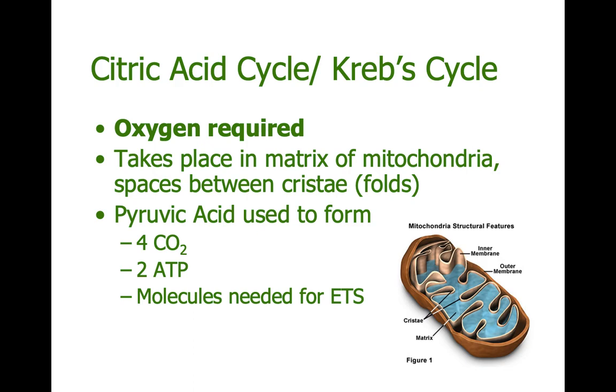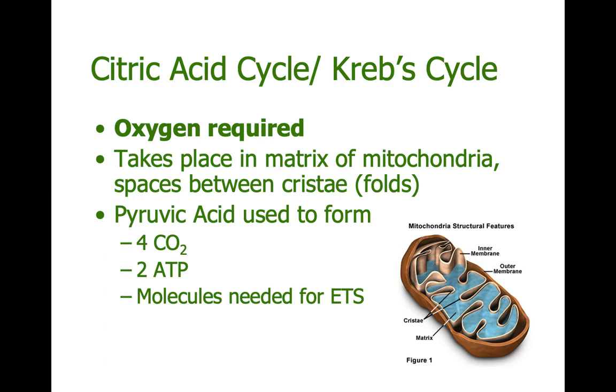I know other instructors in anatomy and physiology, in other biology courses, require you to know the exact molecular names of what's happening in the citric acid cycle and the molecules that are going to the electron transport system. I'm not too terribly concerned about that because, quite honestly, you're going to forget them 5 minutes after the exam. I know I did. What I want you to understand is the concepts, right?